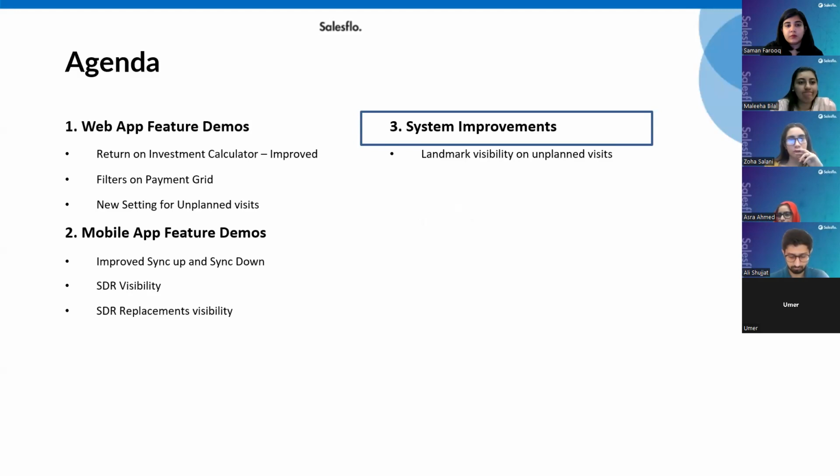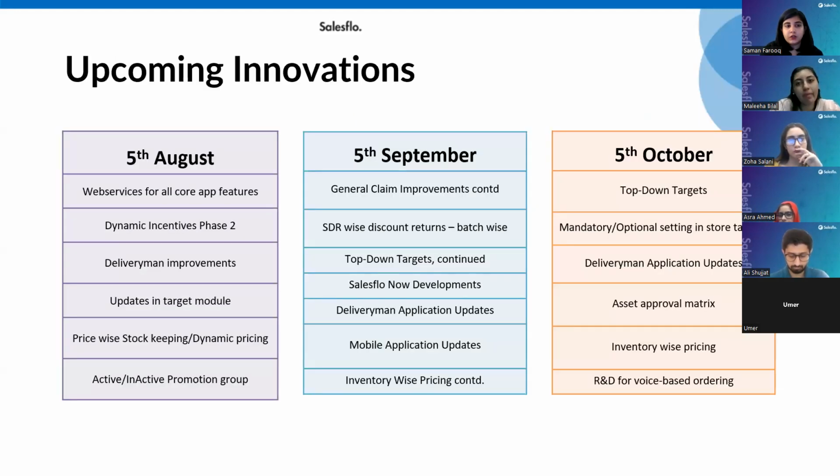And similar to the last session, we'll be showing you the upcoming innovations for our August, September, and October pipeline. This is just to give you an idea of how our innovation pipeline looks like, and just to give you a little bit of visibility.